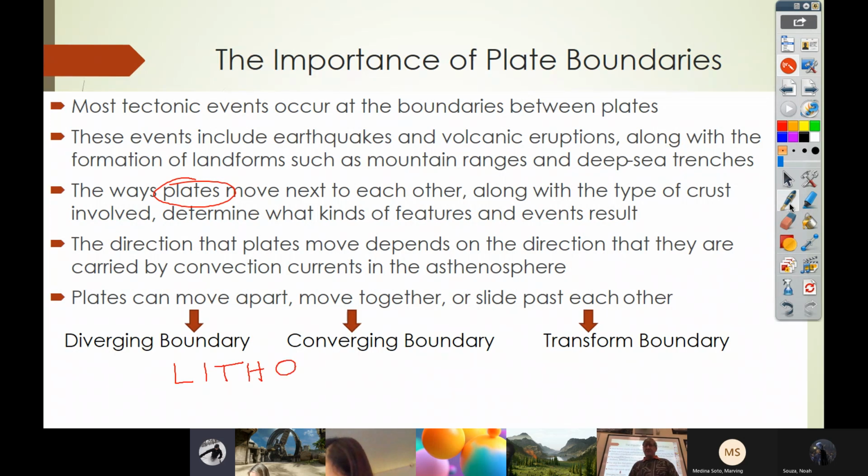Litho by itself means rock or stone. And so this includes the crust of the earth. It's made of rock and stone. Moving piece of lithosphere. I would also like you to add in parentheses next to lithosphere that it's the crust and the upper mantle.